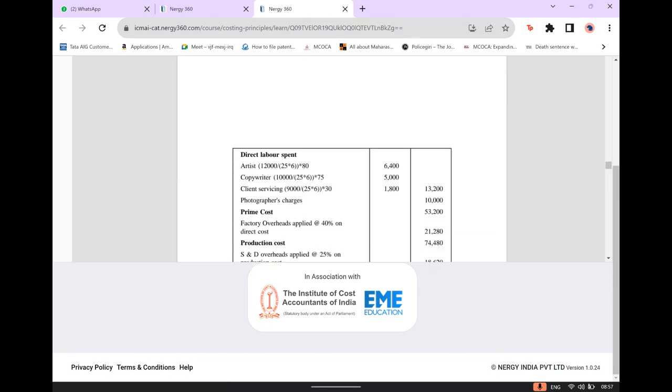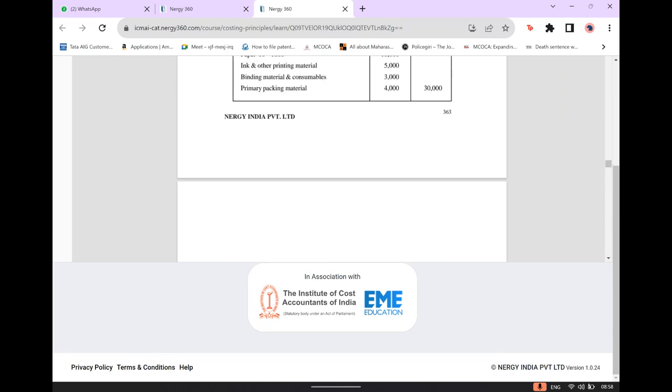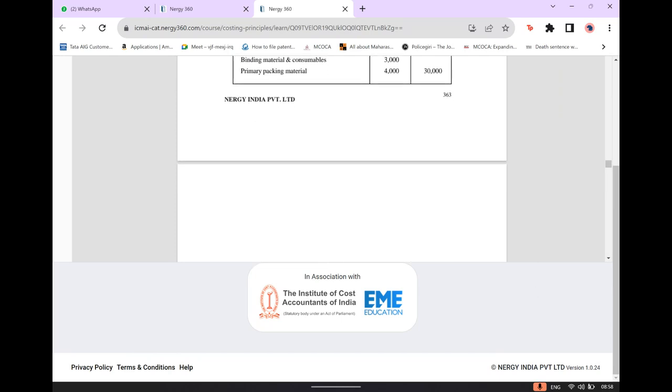The photographer is specially dedicated for this particular job only, so production only. So that also will be added. So the total labor cost will be 23,200. So my prime cost will be 30,000 plus 23,200.